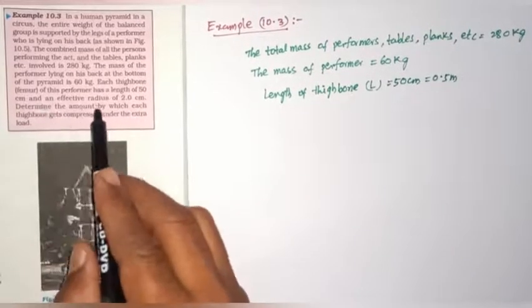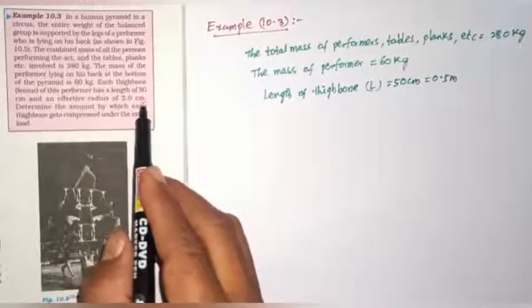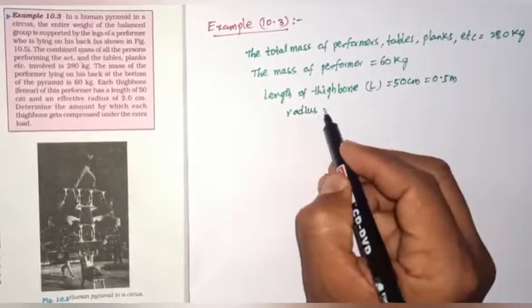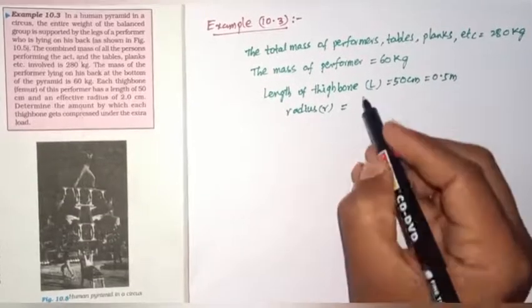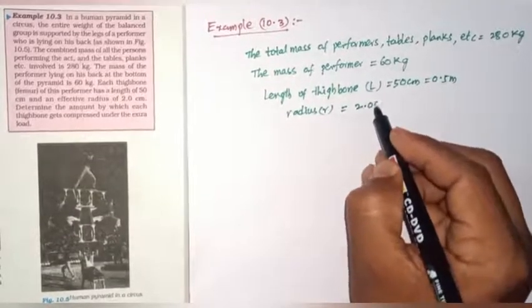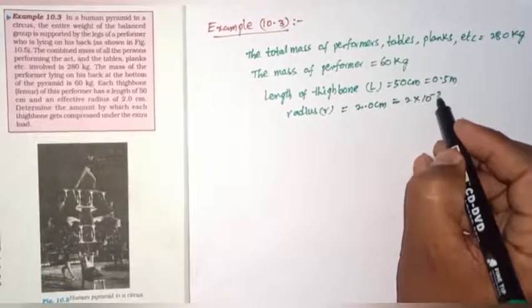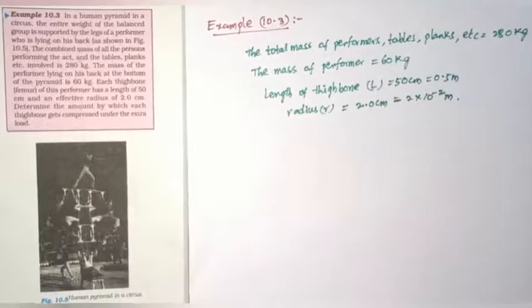The effective radius is 2.0 centimeters, so radius R equals 2 into 10 to the power of minus 2 meters.